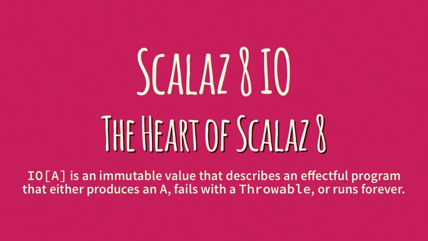And in case you haven't seen anything like this before, you can think of I/O of A as being a better version of Future of A. What I/O of A is, at its essence, is nothing more than an immutable value. It's just a value. It's like Scala List or Scala Option or something like that. It's nothing more than an immutable value.